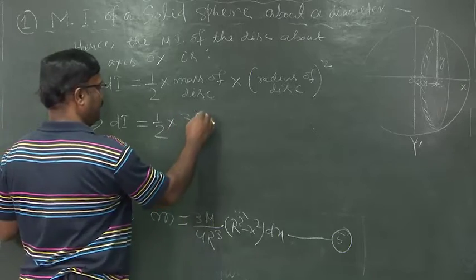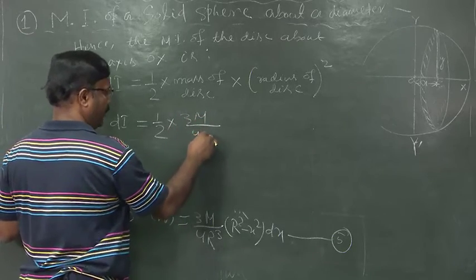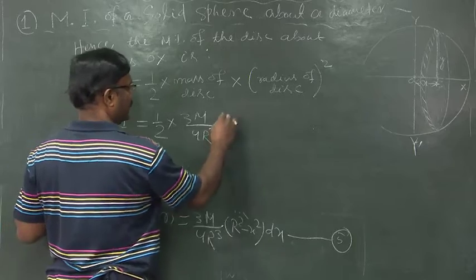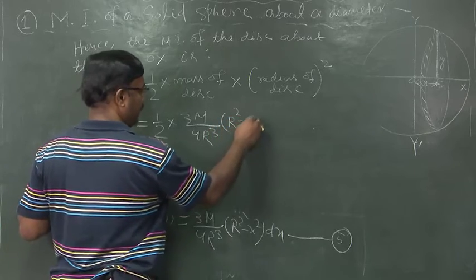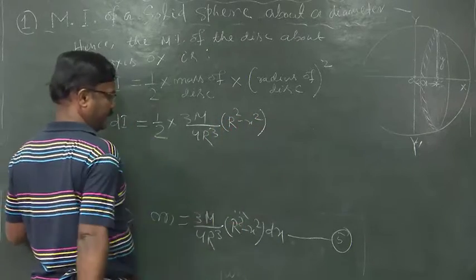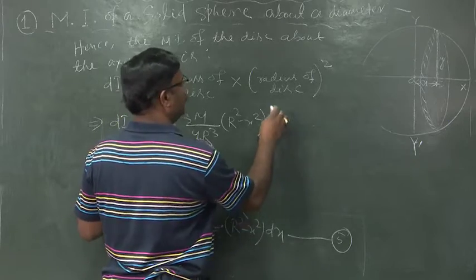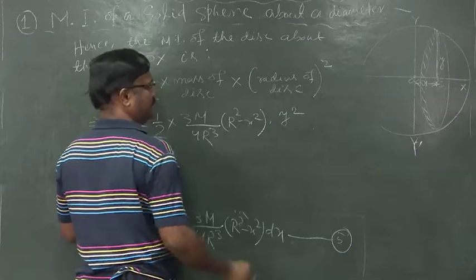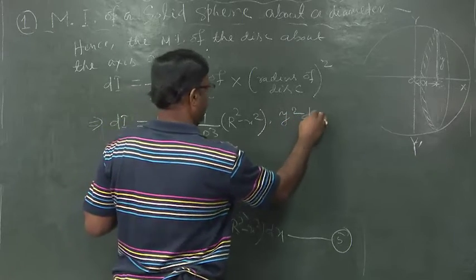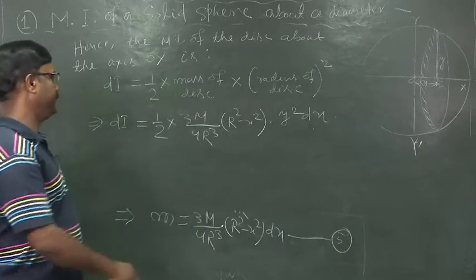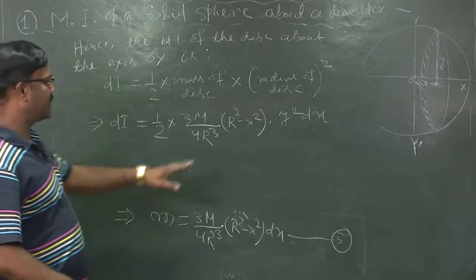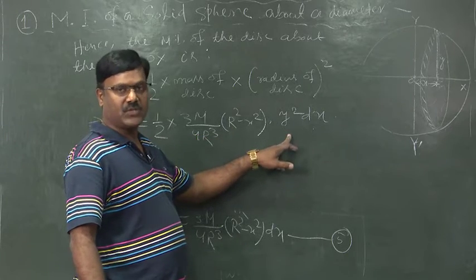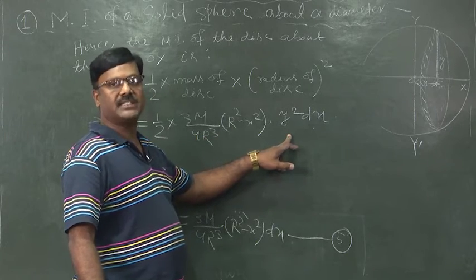which is 3m by 4 r cube into (r square minus x square) dx, into the square of the radius of the disc, y square. But we have found this y square to be r square minus x square.